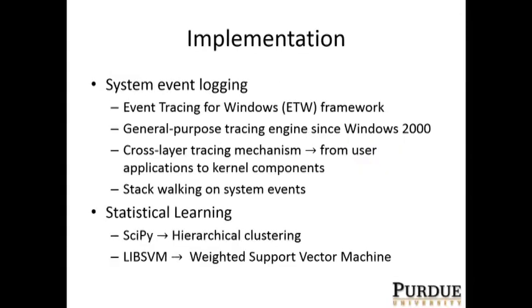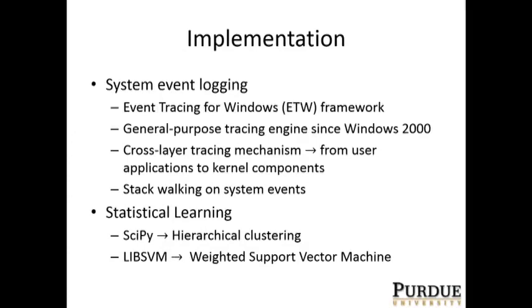Then let me talk about the implementation of our system. For the system event logging, we use ETW, which stands for Event Tracing for Windows framework. It's a general purpose tracing engine introduced since Windows 2000. It can trace the system event across layers from user space applications to kernel components.